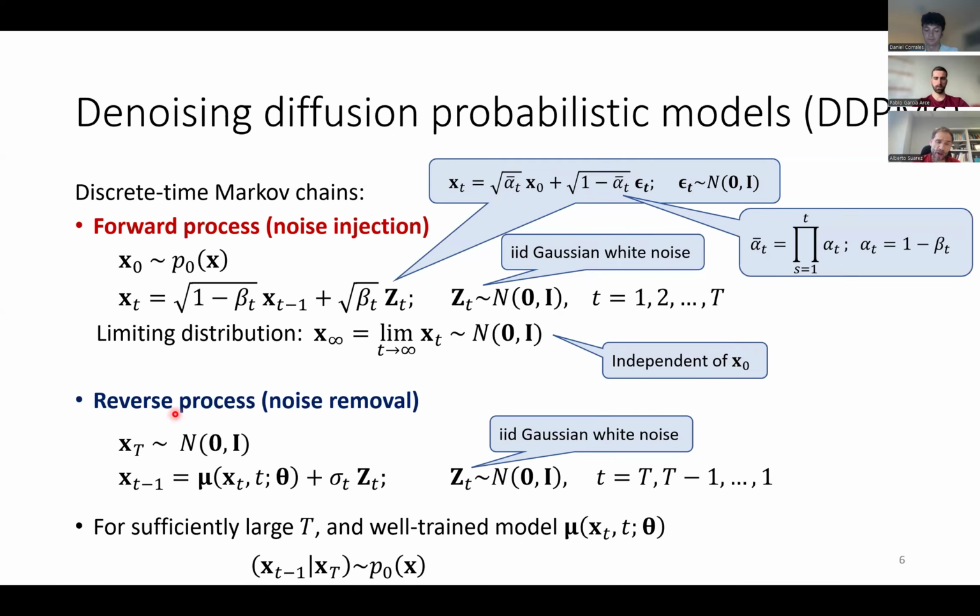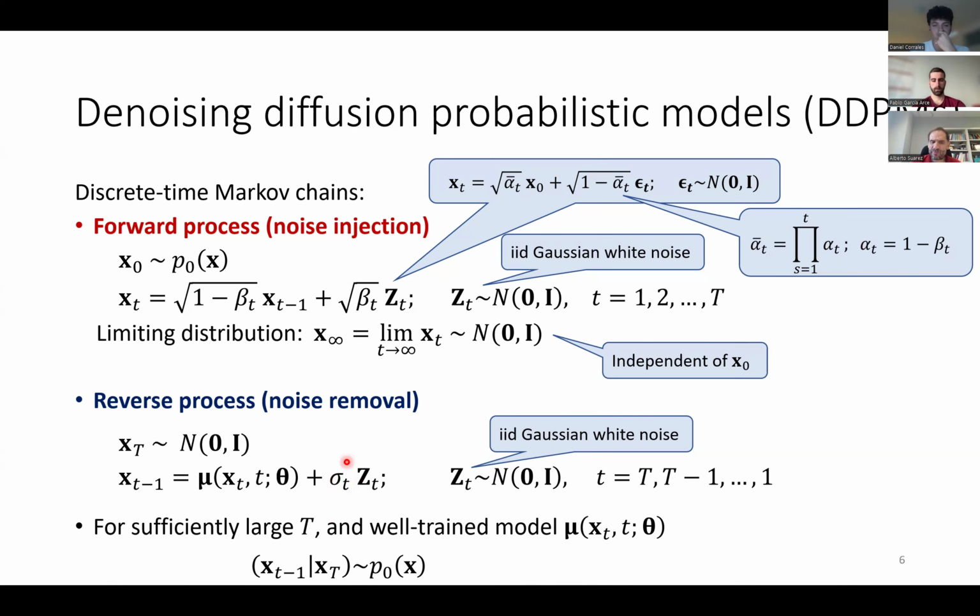Now, the reverse process is, as I told you, very similar to this one, only here, instead of the square root of beta of t, I have sigma of t. This is a hyperparameter. You can use either the same expression, the square root of beta of t, or some other expression.